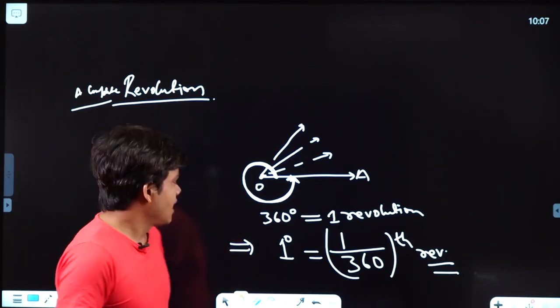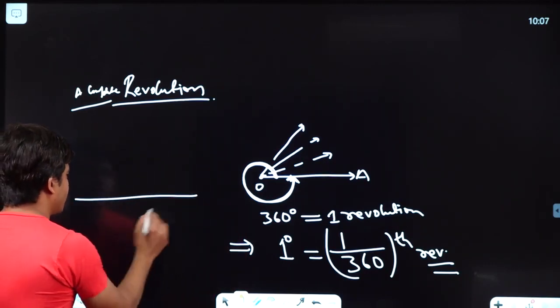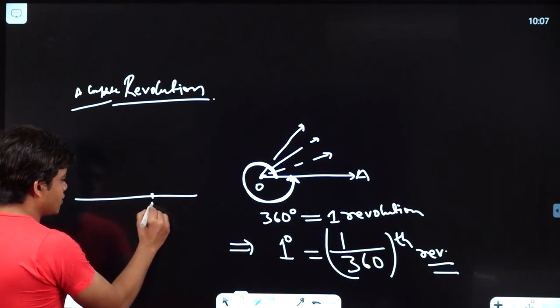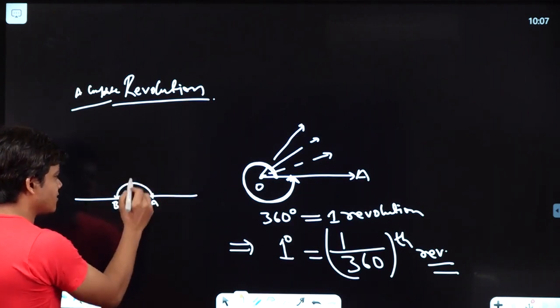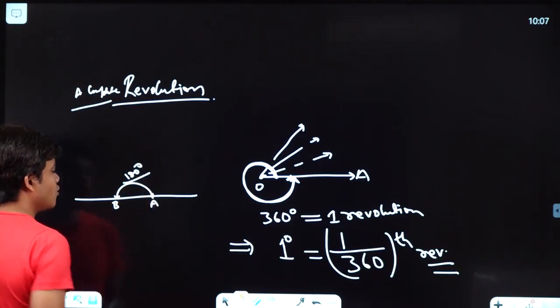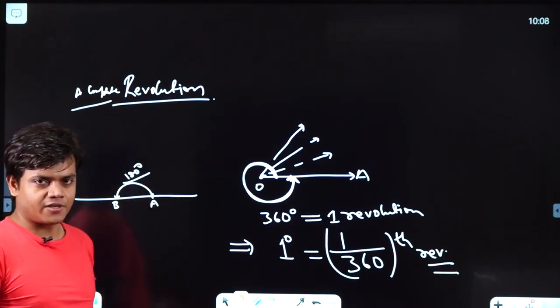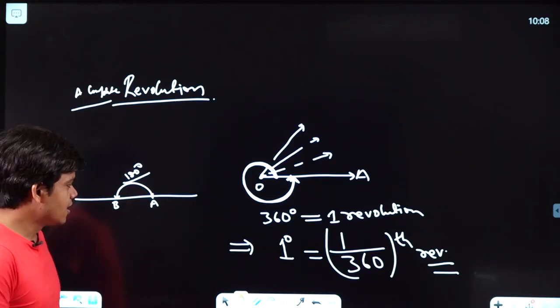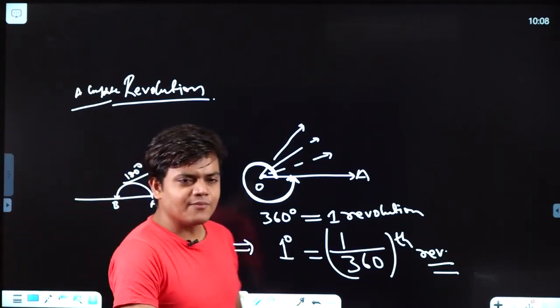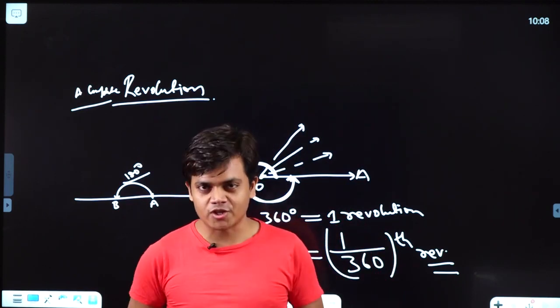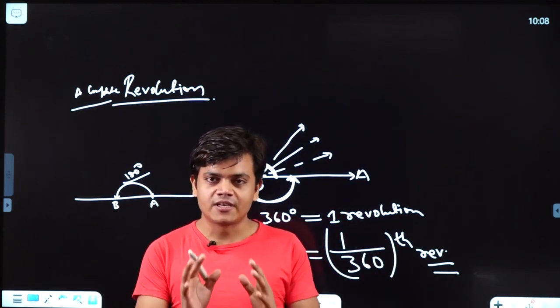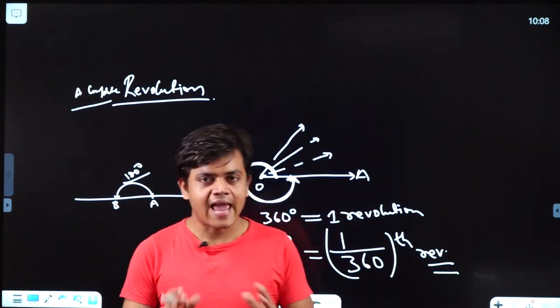All right, and we all know that if we start from this point A and after rotation we reach the point B, then certainly this is 180 degrees. You all know all these fundamental things already. All right, so now I am going to introduce you to the radian measure, and thereafter we will see the relation between radian and degree.